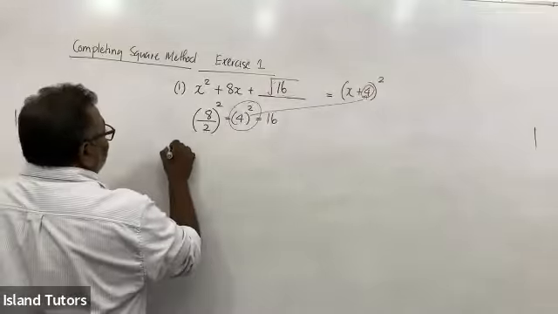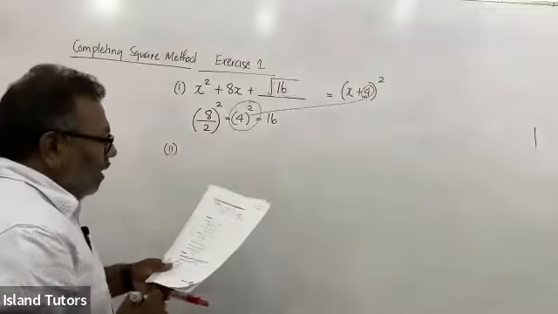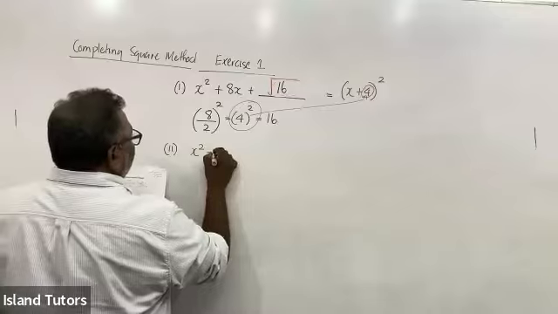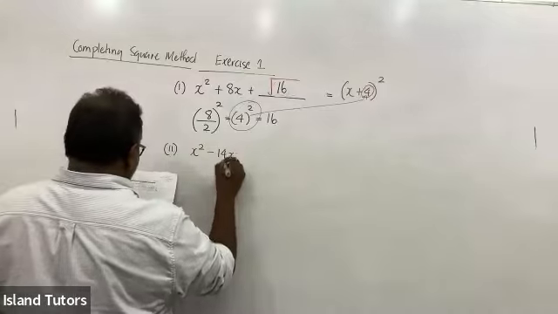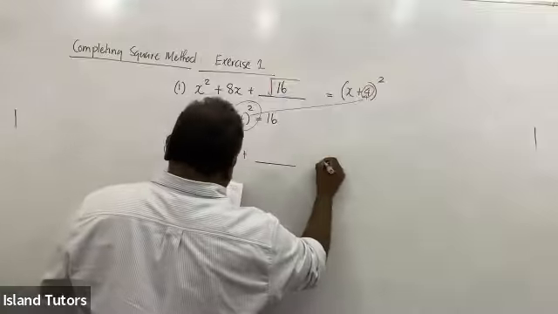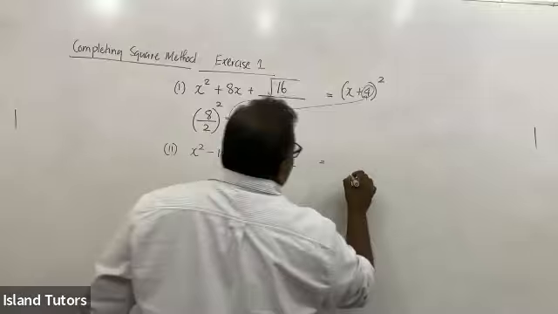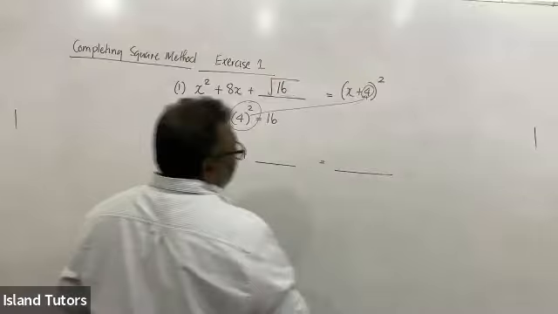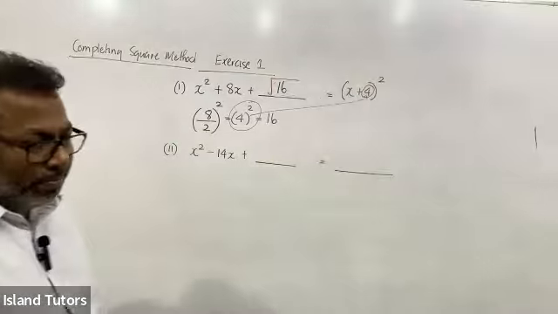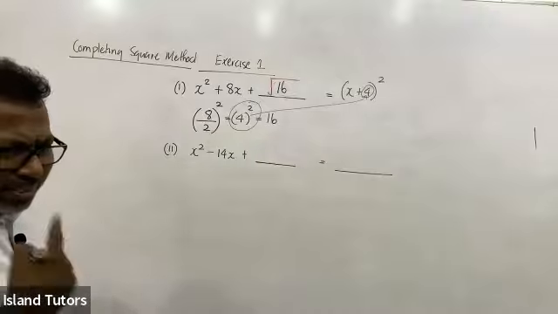Next question. You have x squared minus 14x plus blank is equal to blank. So they want us to write something like this, the square term. Okay. So what is our rule?